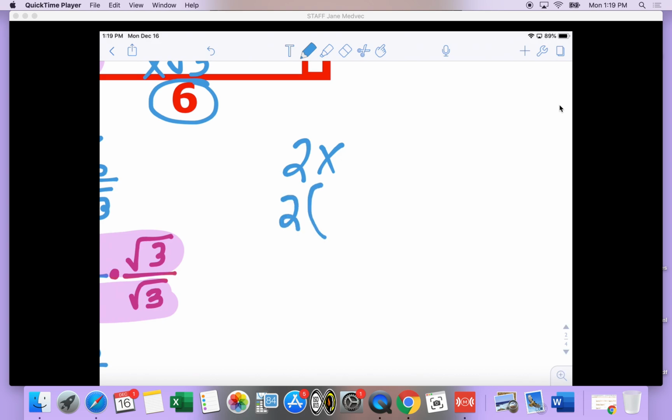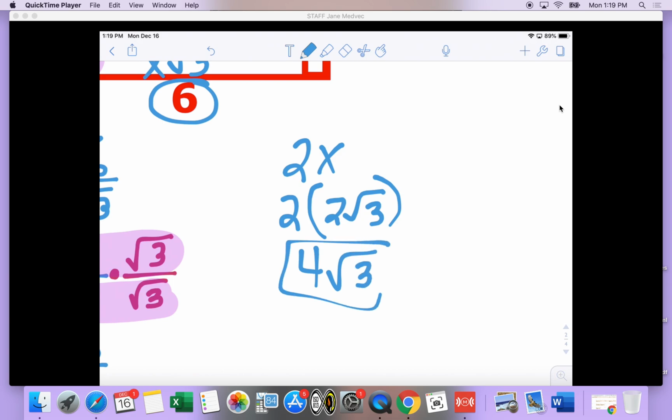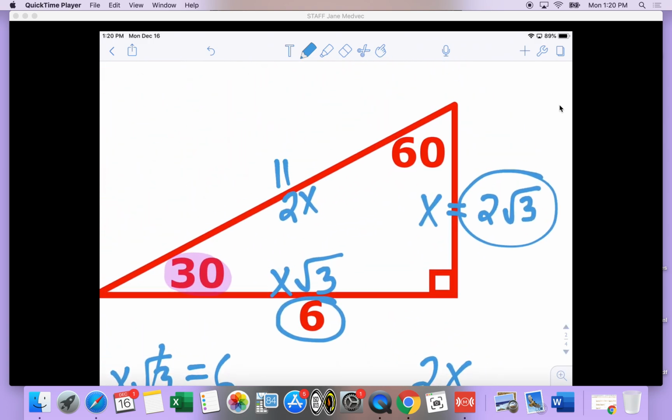So I'm going to take out the 2, or I got the 2 there, and I'm going to put in 2 root 3 for x. So again, I use that substitution. What do I get when I do this? 4 root 3. Yep. So then I go back up. This equals 4 root 3, and I circle it.